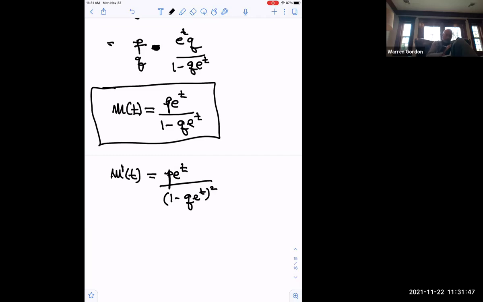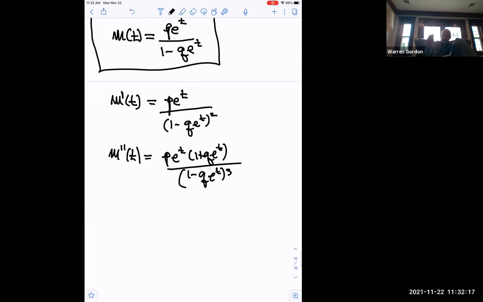And I also get the second derivative, again using calculus, which is a bit messier: P e to the t times 1 plus Q e to the t over 1 minus Q e to the t quantity cubed.